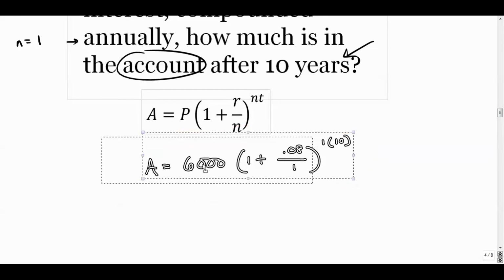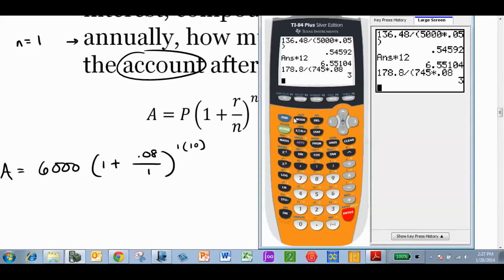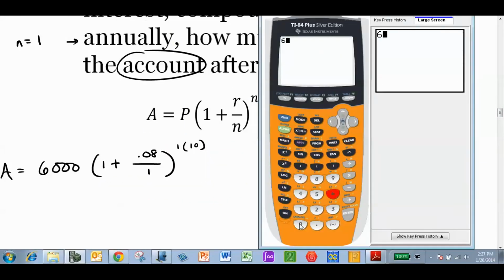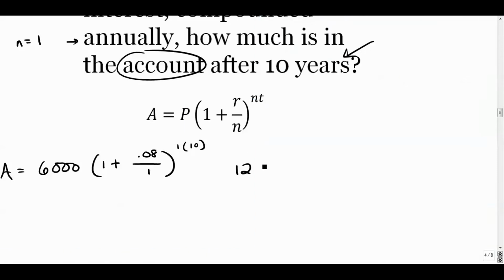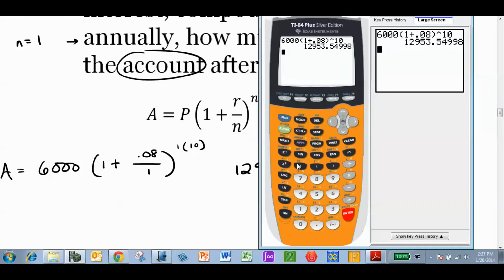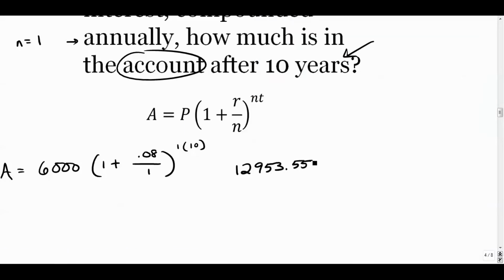So let's go ahead and put this into our calculator. So I have 6,000 times quantity 1 plus 0.08 raised to the 10th power. So in my account, I'll have $12,953.55.